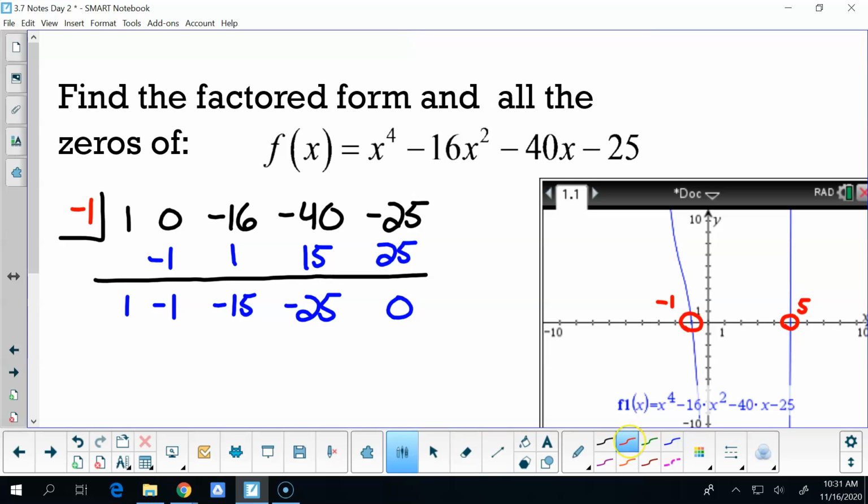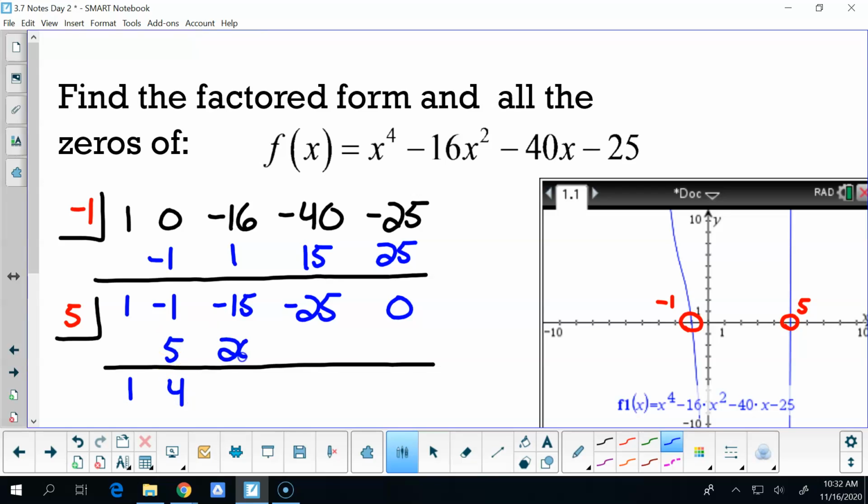Then we can do 5 right away. 1, 5, 4, 20, 5, 25, and 0.